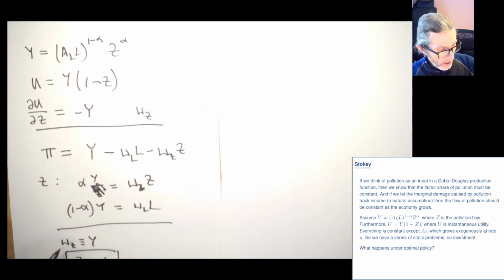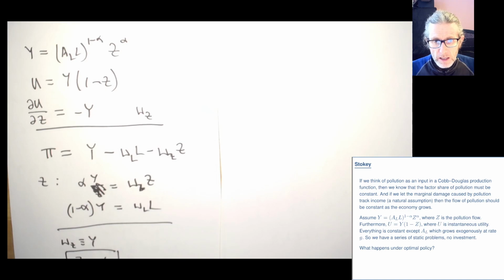So if wZ grows with GDP, the polluting inputs will just be constant at alpha. So that's under optimal policy if we tax pollution. So this isn't great for the EKC, is it? Because this is saying pollution should be constant as the economy grows, not that it should go from a low level up and then down again.